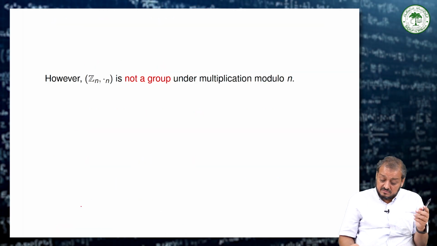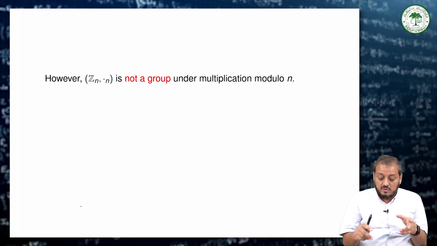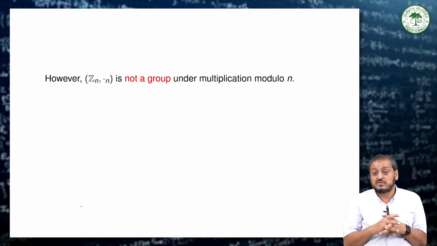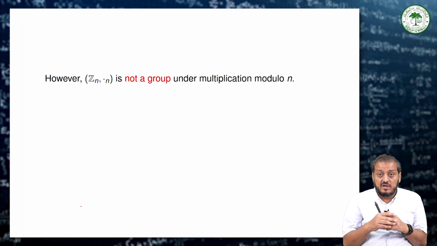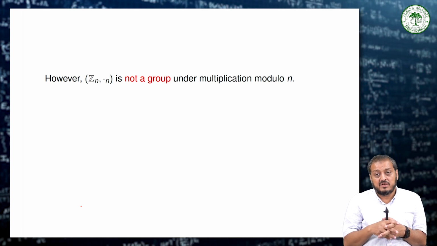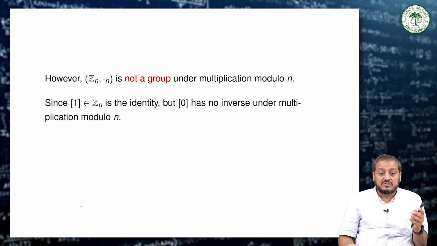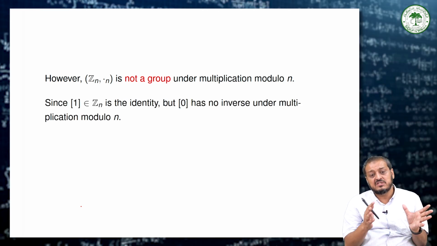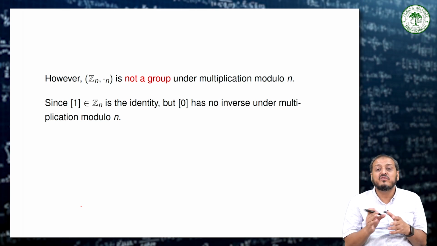Okay, so let us think about Zn under multiplication. Zn is not a group under multiplication modulo n. Why? Since the equivalence class of 1 in Zn is the identity element, but 0 has no inverse under multiplication.